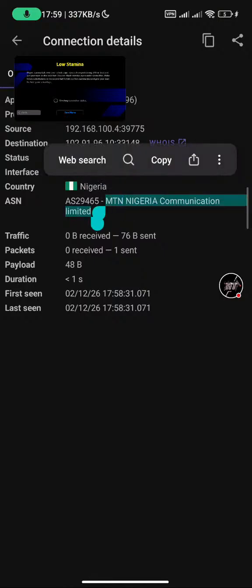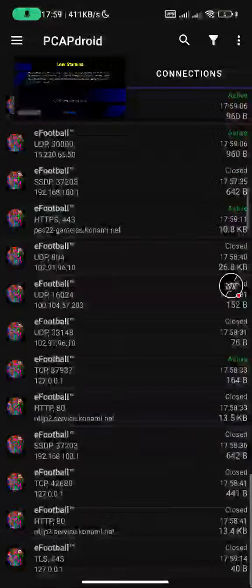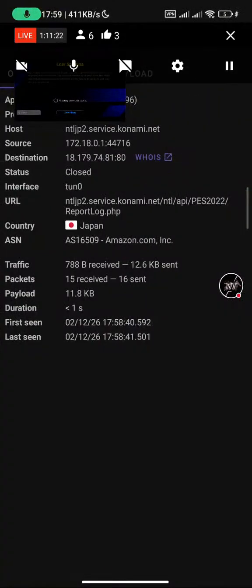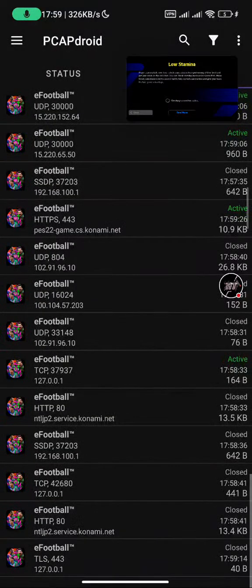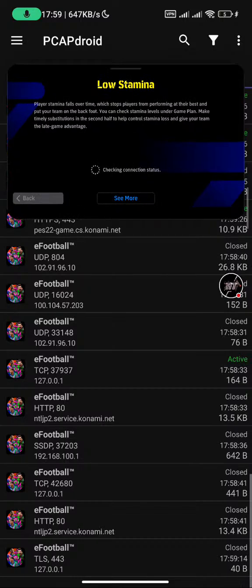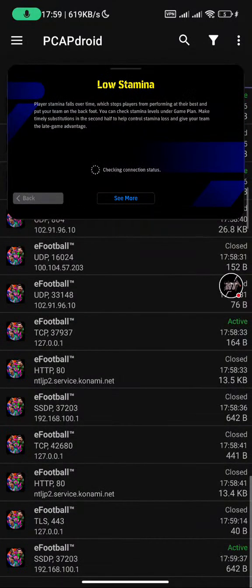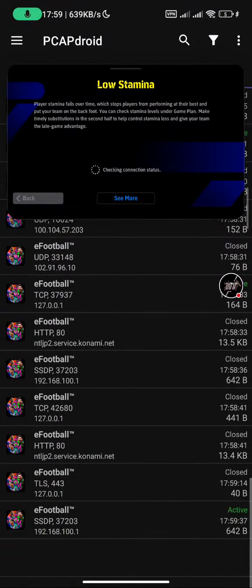So far, MTN Nigeria, Airtel and Glo. If it keeps checking, it means the opponent has a bad connection. That's why it keeps checking. If the opponent has a good connection, they should just connect.